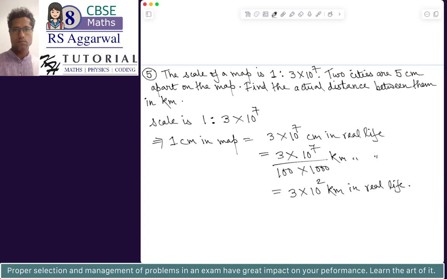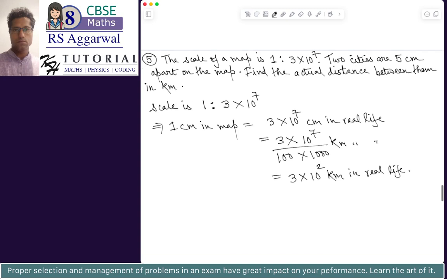Now, how do we apply the concept of two quantities in direct variation to solve this problem? The question has asked to find the actual distance between them in kilometers.